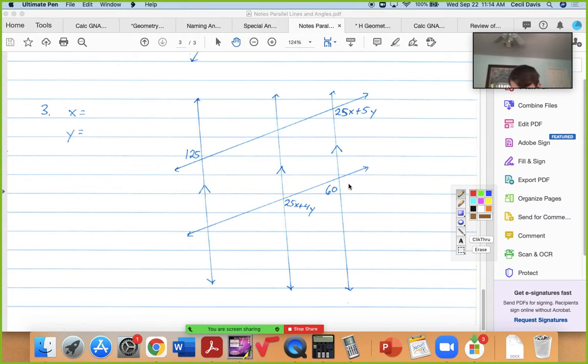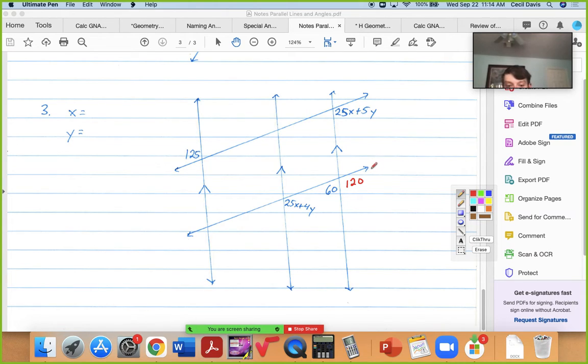Okay, let's talk about that. You're right, but where you're going is wrong. He's exactly right. This angle is 120. He's also exactly right. These two angles are corresponding angles.